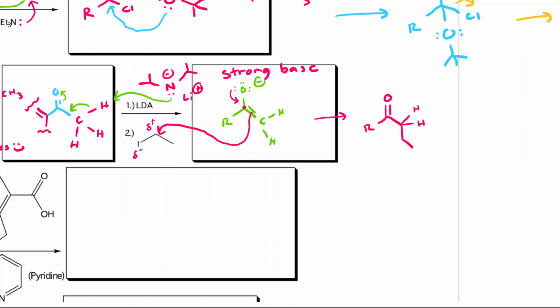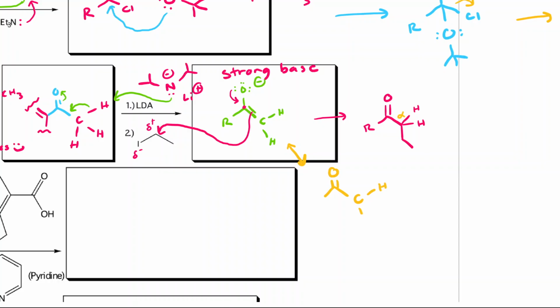And one thing that we can do to make more sense of why the iodine molecule attaches to this alpha carbon and not the central carbon is because we could draw a resonance form for this molecule that looks like this.